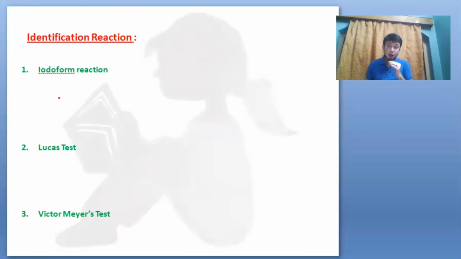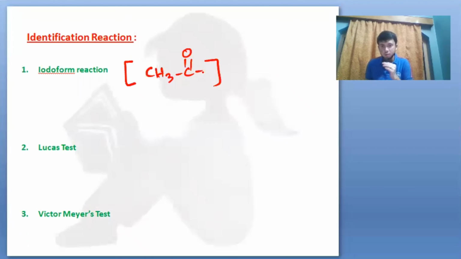What kind of alcohol it is, that we decide in this identification reaction. Now first is our iodoform reaction. In the iodoform reaction, you have to remember one thing: for the iodoform reaction to occur, there has to be this group, CH3C double bond O. If this group is present, it will occur, and if it is not present, the iodoform reaction will not occur.